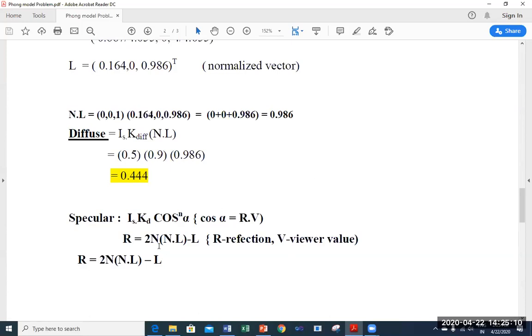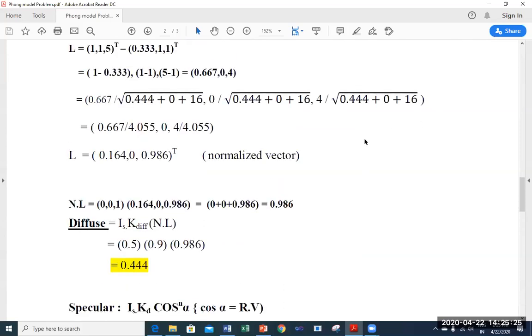And further, as per our calculations, R can be written as 2N(N·L) minus the light. So first you have to calculate the R value. Next you can take the viewer value.